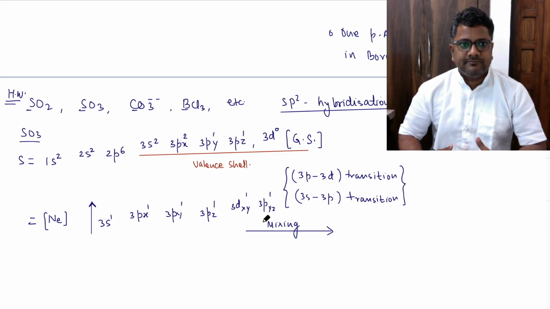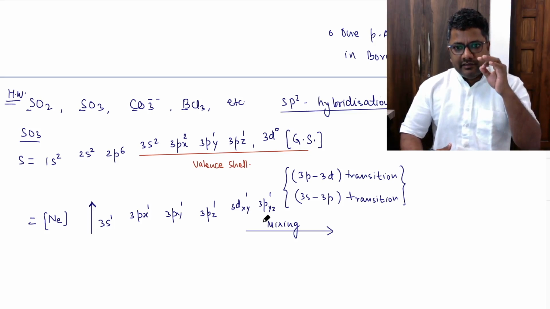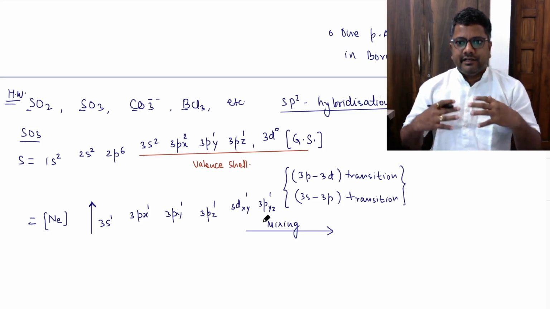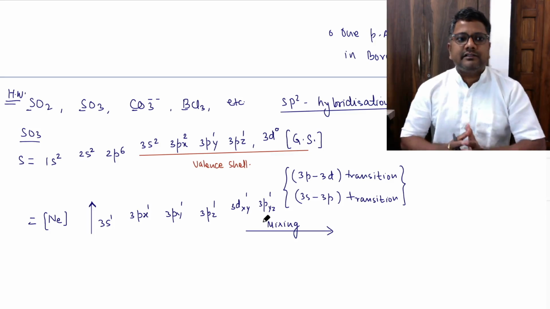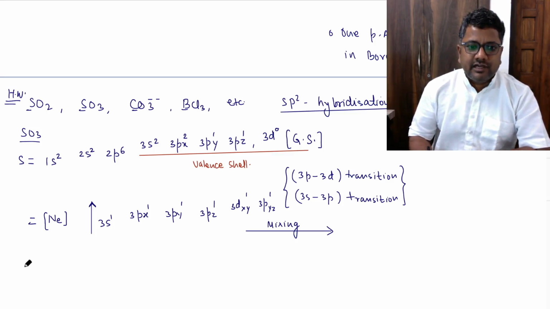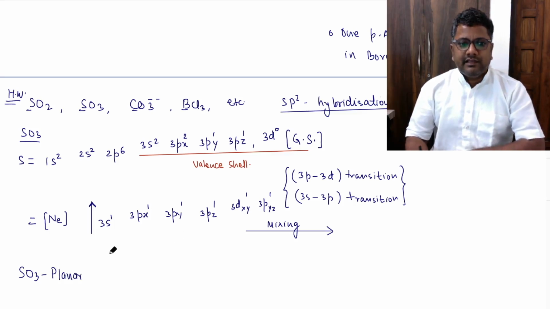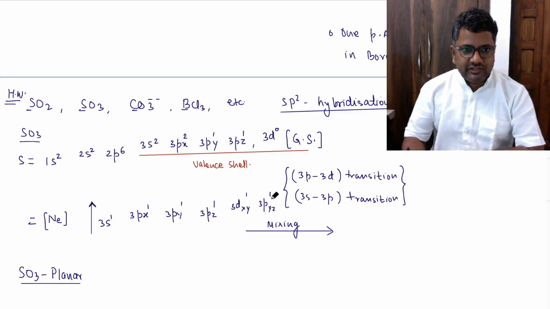I am not telling you myself that this electronic configuration should be there. No, not like that. I have certain experimental evidence, and one of the most important is that the SO3 molecule is planar. Now I am trying to justify this planar molecule by this hybridization.